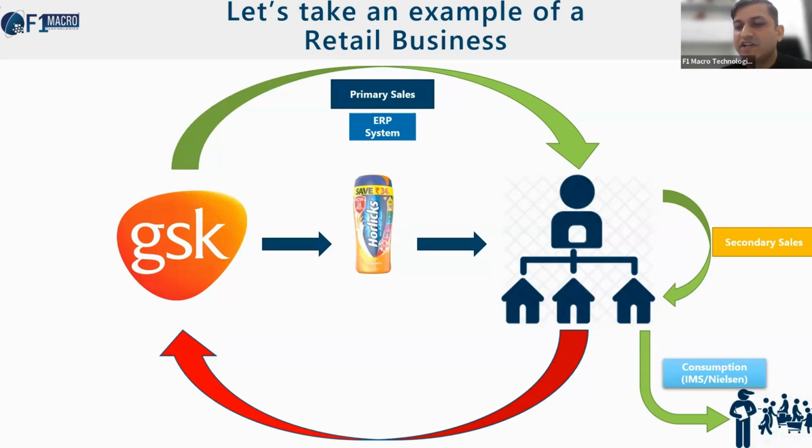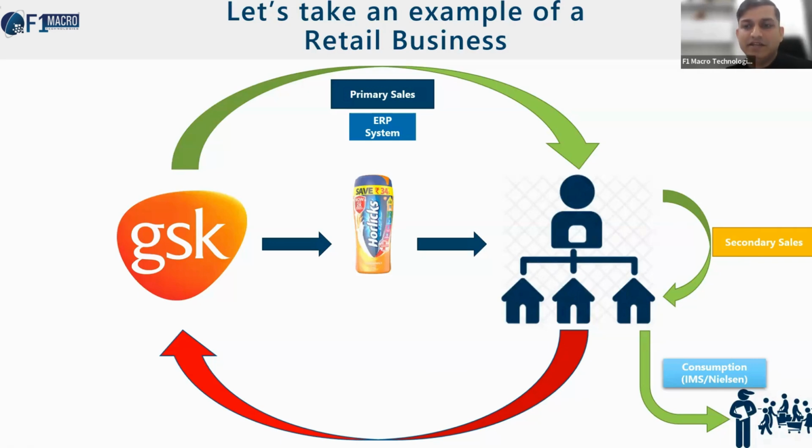For example, if someone asks, Rohit, can you tell me how many stores there are in the country, or in Delhi, and how many stores we have covered? Which data can answer this question? Maybe the secondary sales. The distributor may tell me there are 1,000 stores and we are covering only 800 stores.